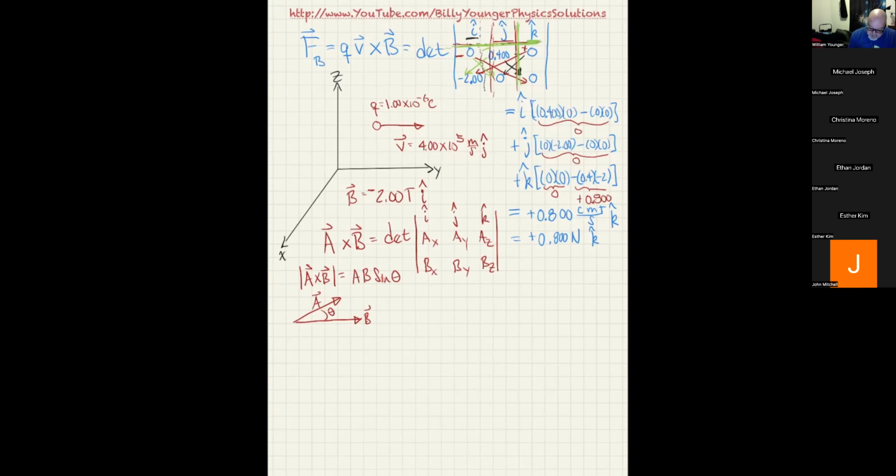All right, with that in mind, let me show you the other way in case this one works better for you. And I'm going to do it on this vector that I just drew.